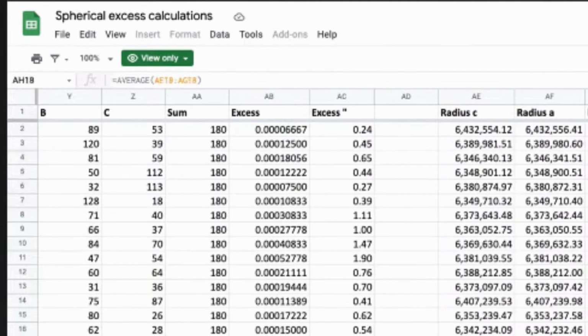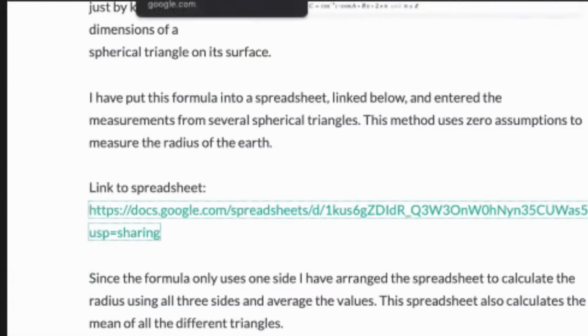In fact, when you take all the averages of these, you get 6,375 kilometers for the radius of the Earth. This is not an assumption. This is not the number that this particular survey claimed. This is purely by analyzing the measured triangles that they did in this particular survey. That confirms the shape of the thing we live on is a sphere.